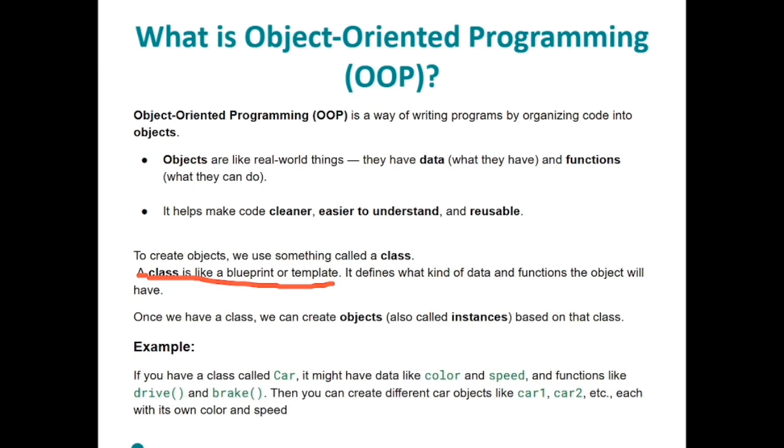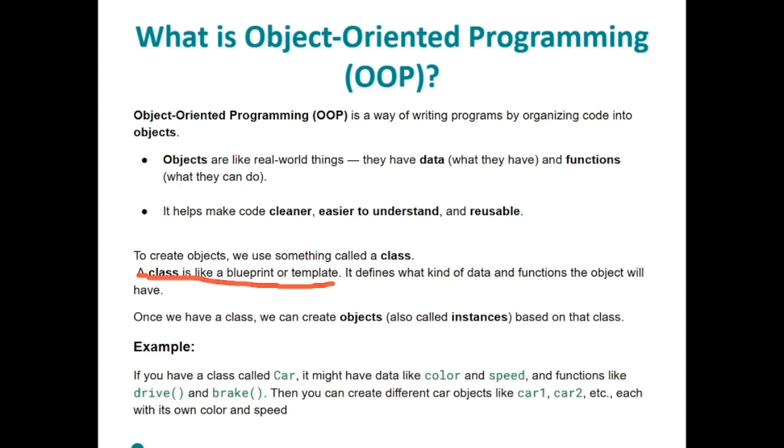For example, if you have a class called car, it may have data like color and speed, and functions like drive and brake. We know that a car can be driven and we can also stop the car by pressing the brake, and we also know the color and speed of the car.